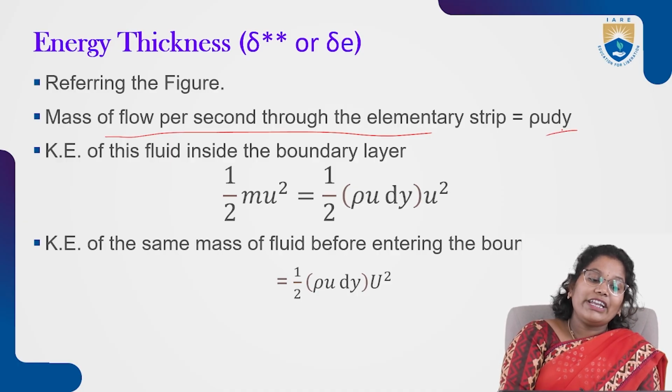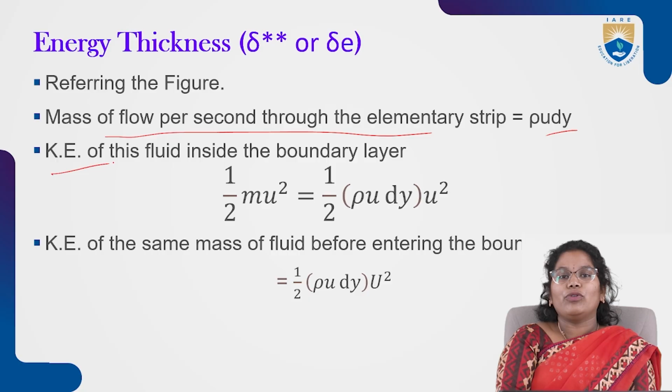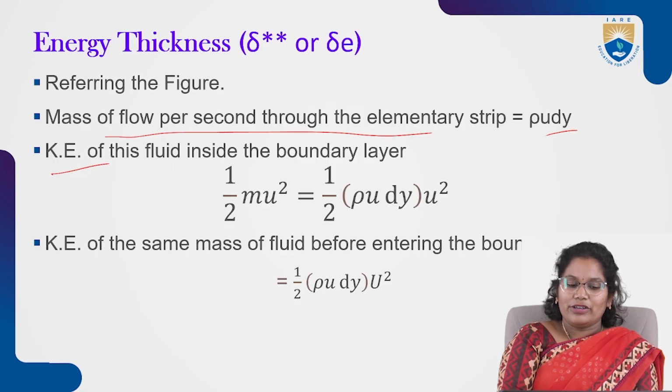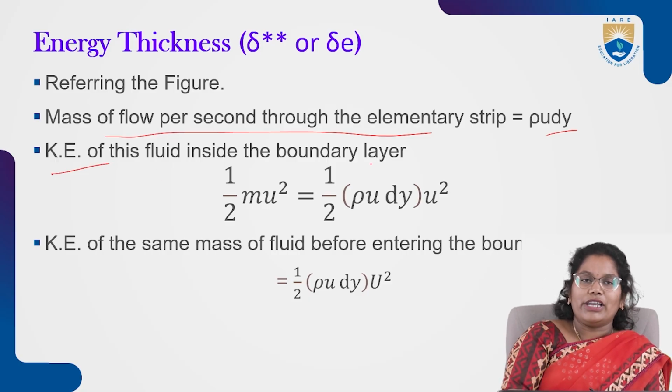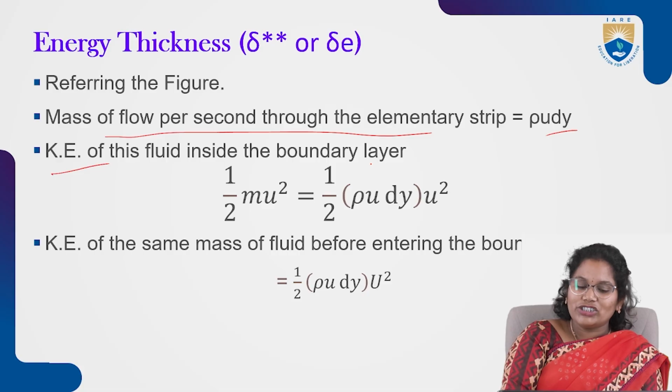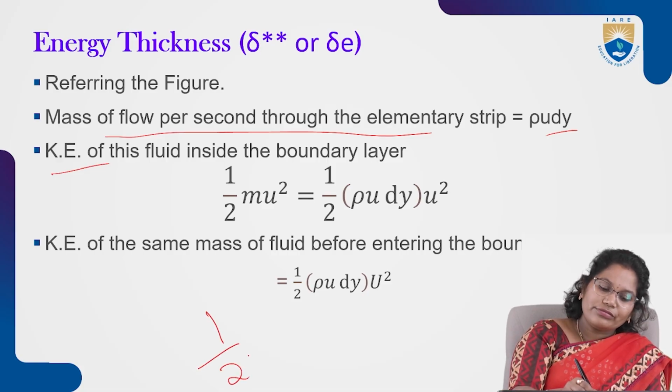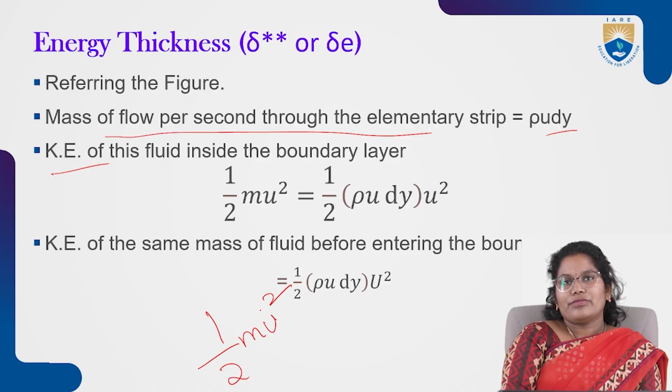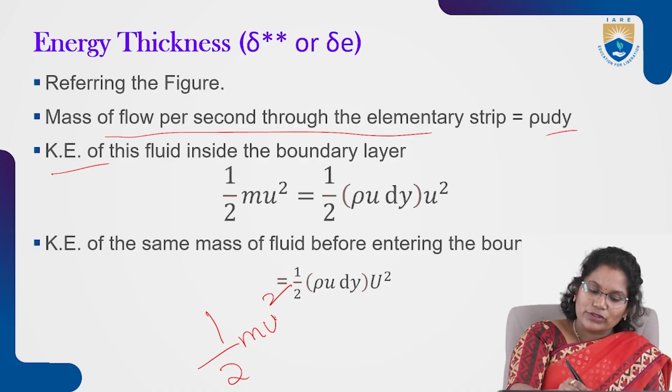Now we need the kinetic energy of this fluid inside the boundary layer. Kinetic energy is half m u square, with small u square.